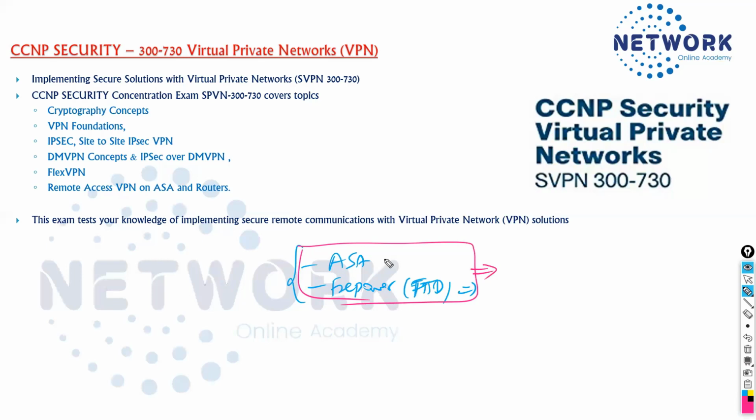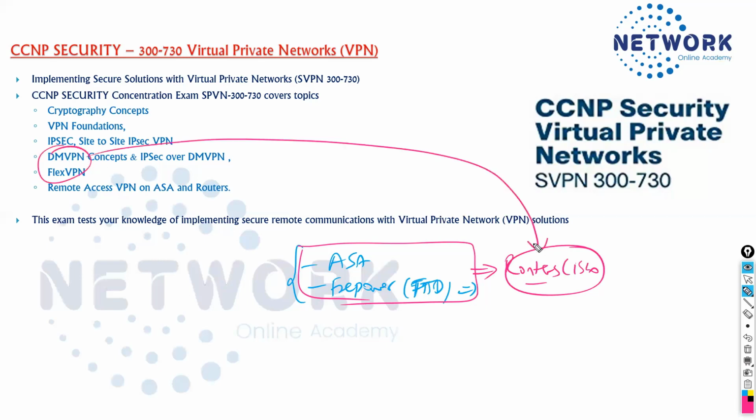So this is your VPN concept, and not only that, we'll also implement it on Cisco routers, because there are a few VPNs which only work on Cisco routers, like site-to-site or point-to-multipoint VPNs such as DMVPN or FlexVPN. Those kinds of VPNs work only with Cisco routers or specific dedicated routers, because they provide multipoint connections where you can connect hundreds of sites.